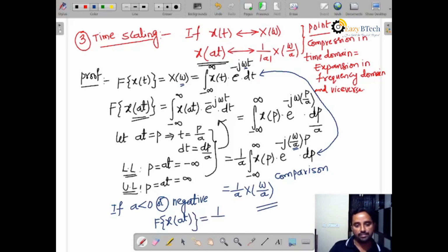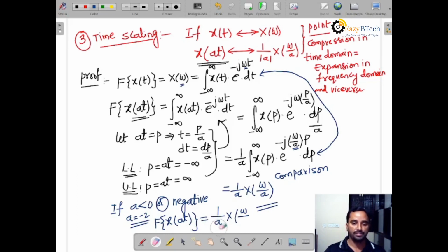We get 1 by a x of omega by a. So here a is negative. For example, let's take a is equal to minus 2, a value less than 0. So 1 by 2 you get here, not minus 2. That is the meaning of mod here. So outside we get 1 by mod a. 1 by mod minus 2 will become plus 2, 1 by 2.